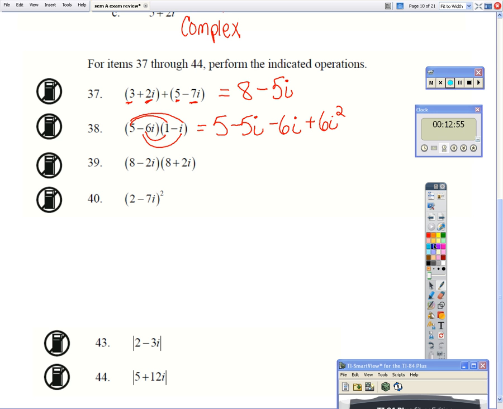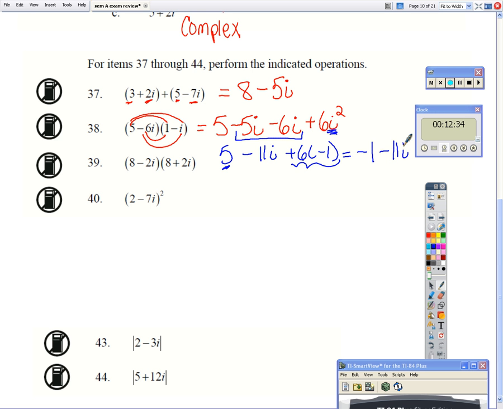We can combine these like terms, and i squared is -1. So this term is -6 plus 5, so I have -1 minus 11i.